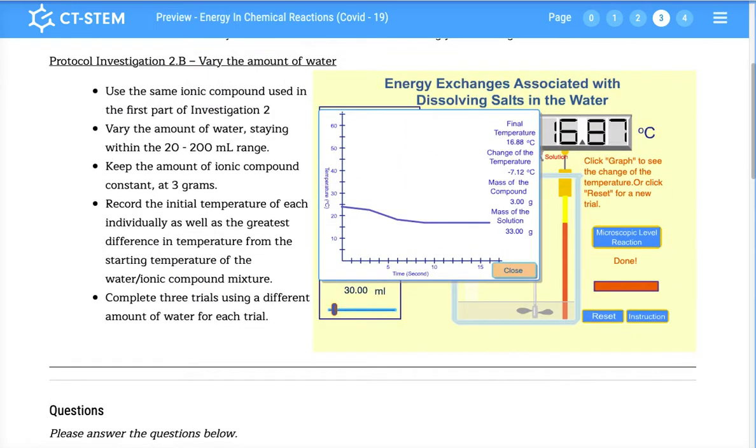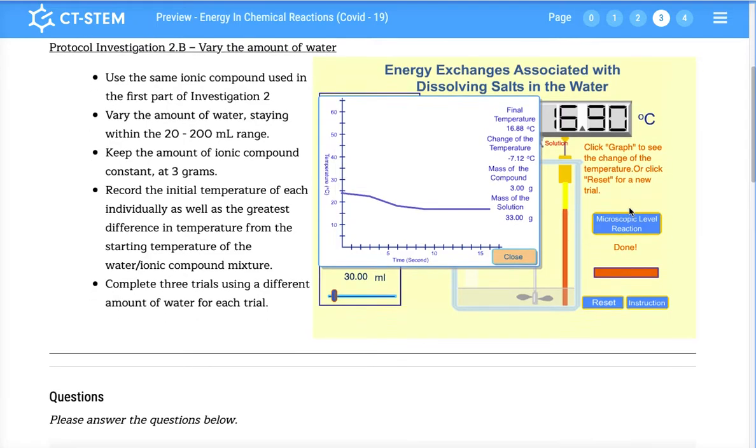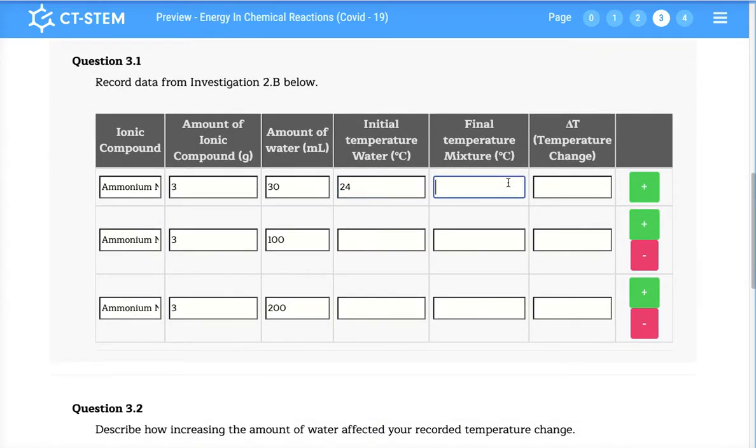Okay, so if I go up, my temperature has stabilized, and it is at about, I'm going to say, 16.87, because it keeps going between 8 and 16.